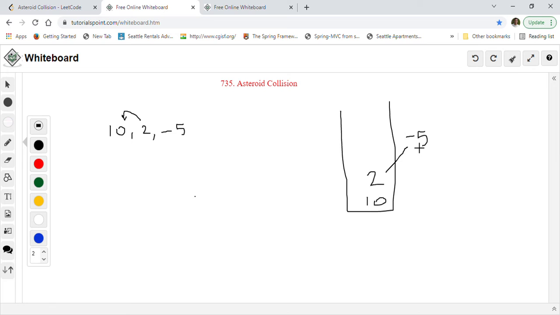So now we can simulate that the collision will occur here in the asteroids.